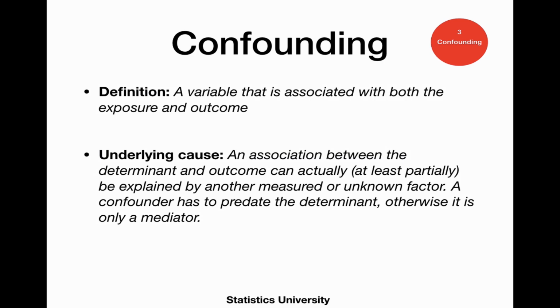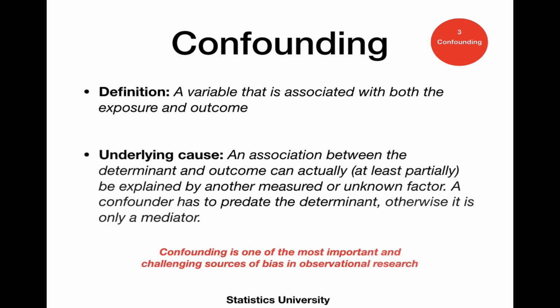And per definition, a confounder has to predate the determinant in time. So the confounder has to already be present before the determinant is measured, and otherwise it is just a mediator. And confounding is one of the biggest problems in observational research and should be addressed correctly.